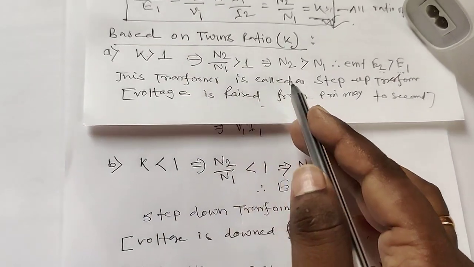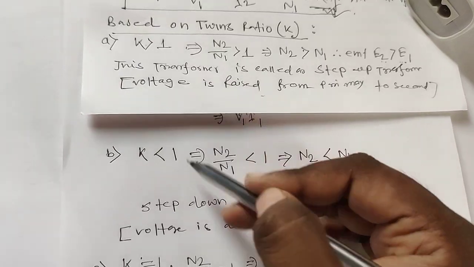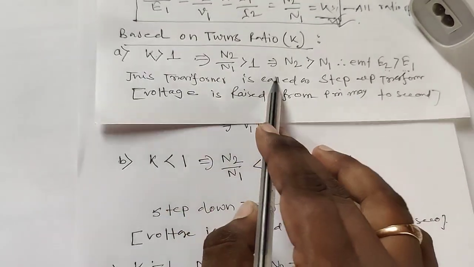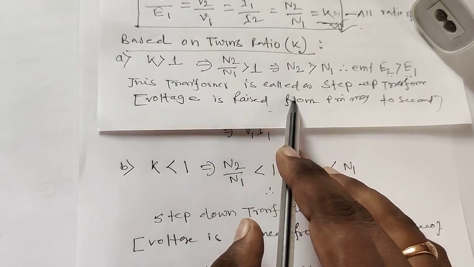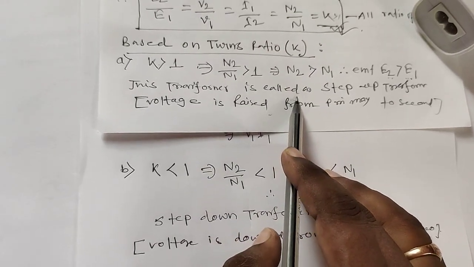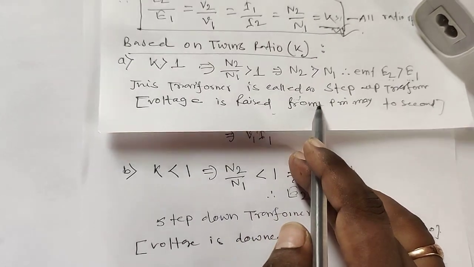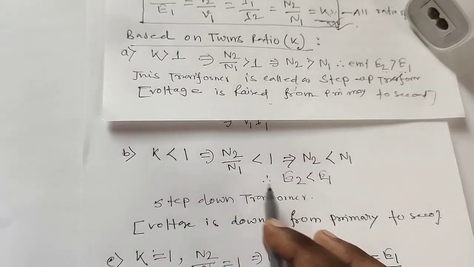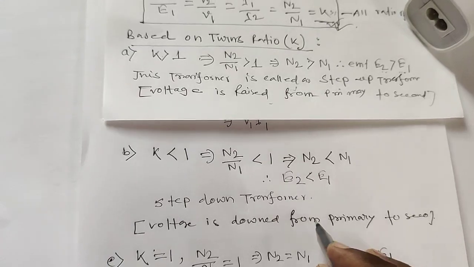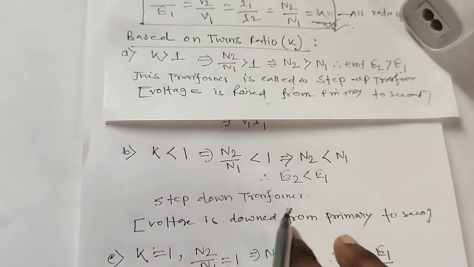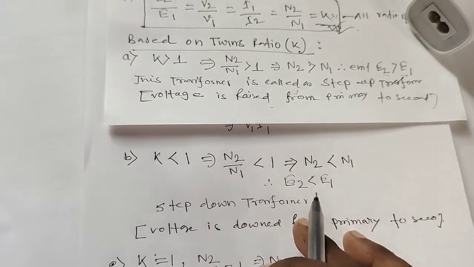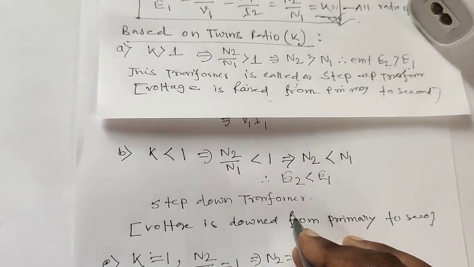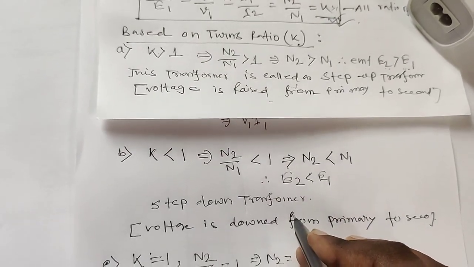Based on the turns ratio, three types of transformer are classified. Number one is the step up transformer. This transformer is used mainly from power generation to the transmission system. The second type is the step down transformer, which is used after transmission, mainly in the distribution system.